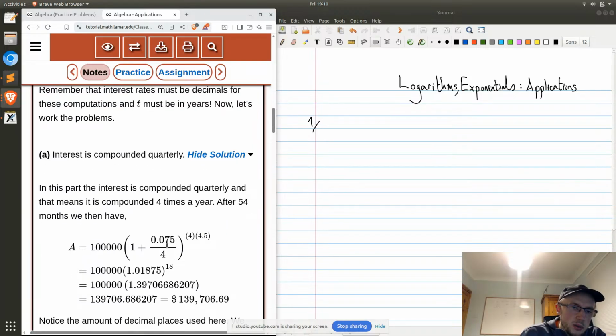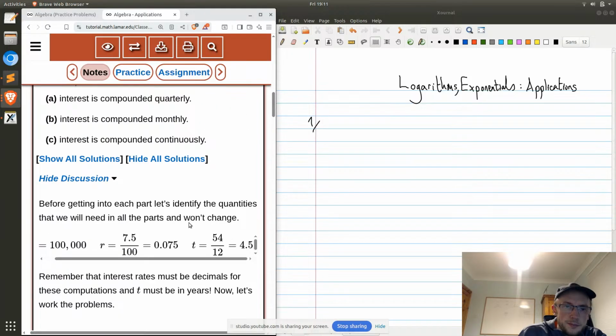But then what they do is they divide that number right there by 4. So the 5.5% that we were working with before, if it's an annual interest rate but it was going to be modified to be quarterly, I'd have to divide it by 4. Okay, that makes sense.